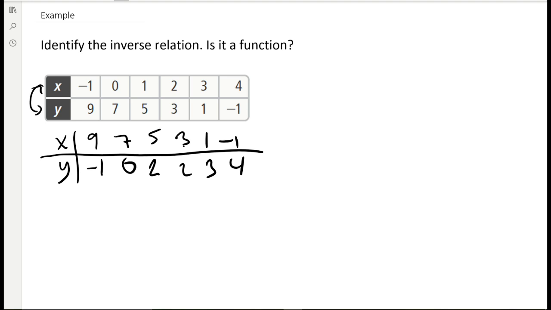So the key is that the x value has to be the same, and then based off of that the y value changes. That's what you want to look out for. But in this case, this inverse relation is a function.